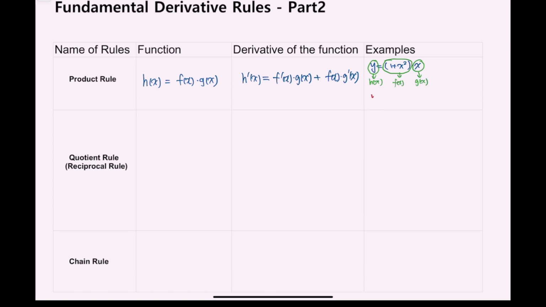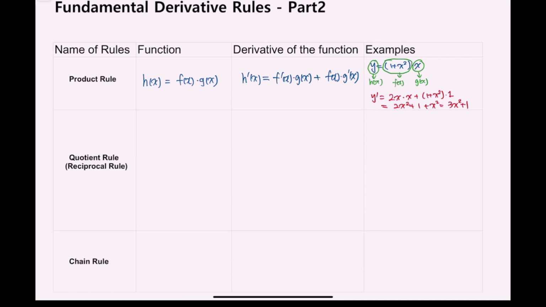So the derivative of the function y', that is, finding the derivative of 1 plus x squared, which is f'(x), and is 2x, multiply with g(x), which is x, plus write down what f(x) is, and find the derivative of the g(x), which is 1. Can simplify this, which we get 3x squared plus 1 for the derivative function.